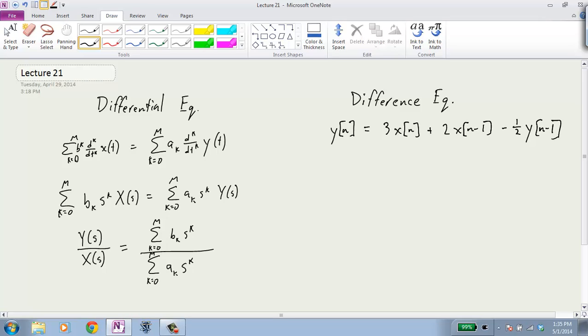Okay, so this is a difference equation. And you see that the impulse response of this will usually be infinite in duration. If you put a delta function in at time 0, you get some feedback, and the past outputs cause future outputs, and so forth.